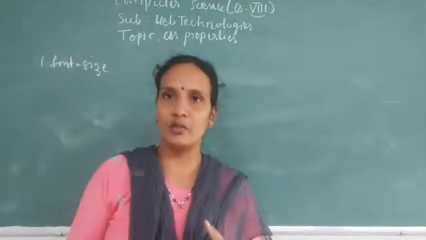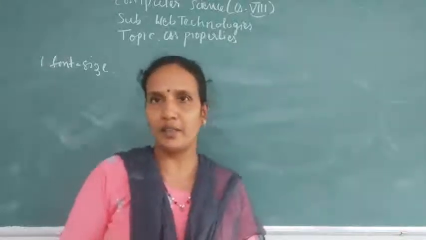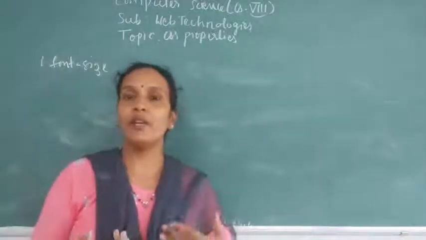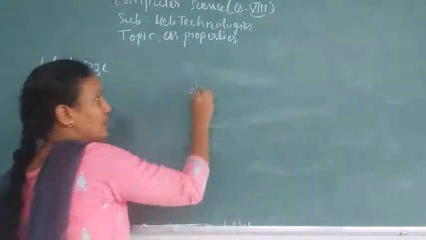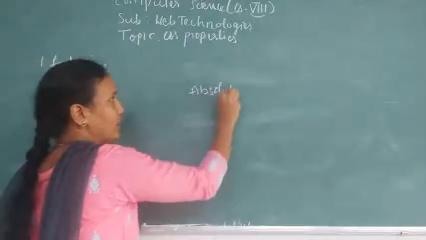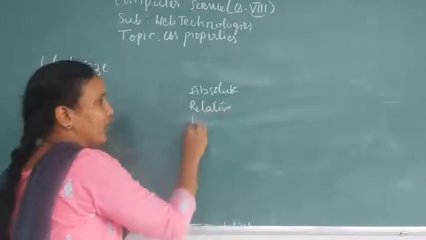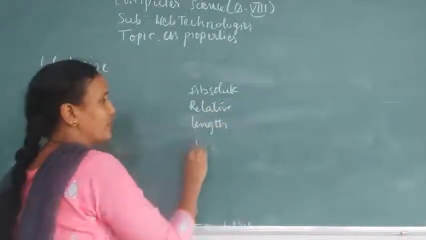How much you want to give, like 10 points, 12 points, you can give, no? Like that you can give. This font size also you can give in different ways. Actually in CSS there are 4 ways. First one is absolute, the second one is relative, third one is length, fourth one is percentage.